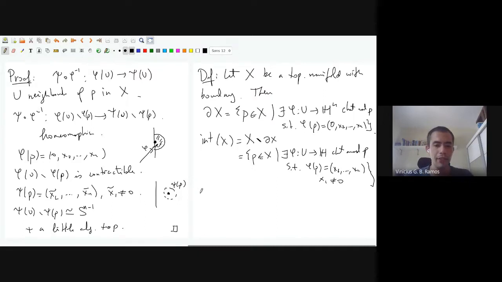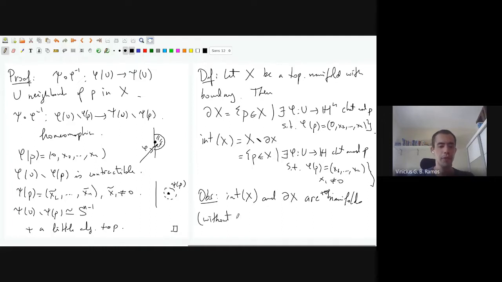One interesting observation is that the interior of X and the boundary of X are topological manifolds without boundary, in the usual way, of dimensions n and n minus 1 respectively. This is very easy to see.